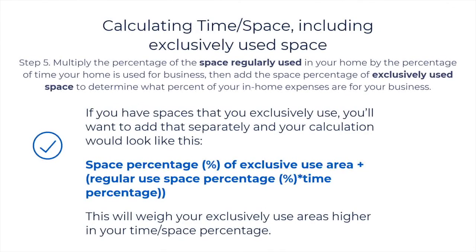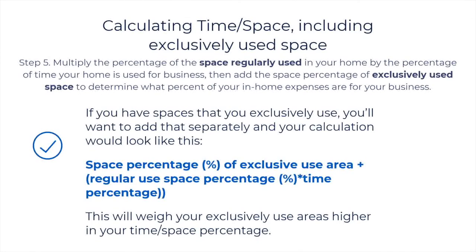So, what does it look like when calculating time space and including exclusively used space? Once you get to step 5, you want to multiply the space that you regularly use in your home by the percentage of time that your home is used for business. That is your traditional time space.